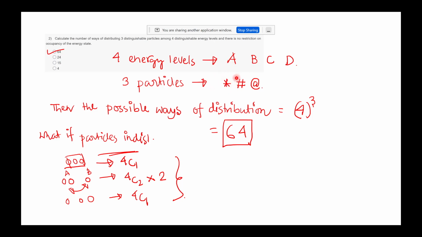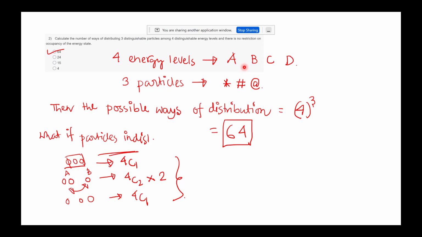Because here we are just multiplying. Multiplicity is there for each particle, but multiplicity is not there for energy levels. Is it clear? Or we cannot assign two energy levels to a particular particle.